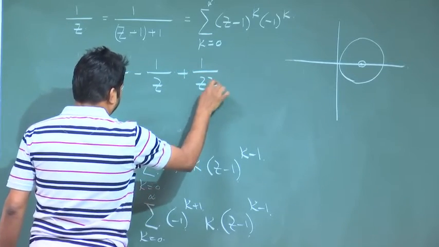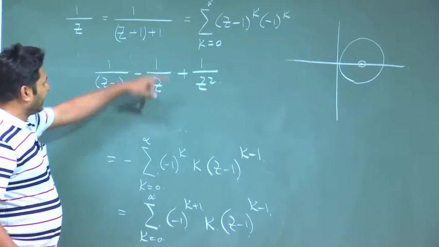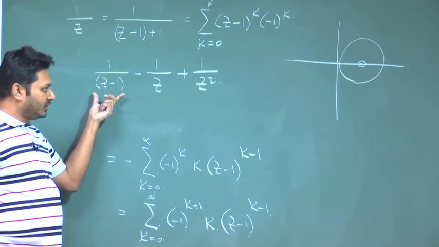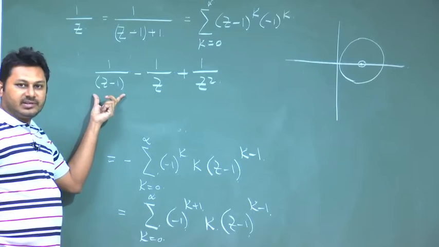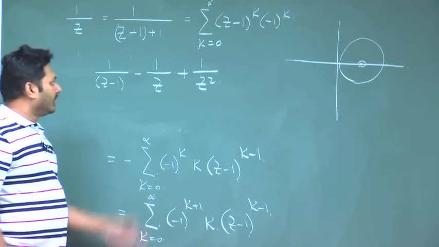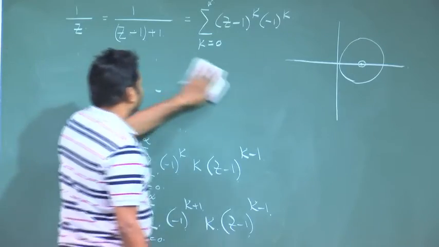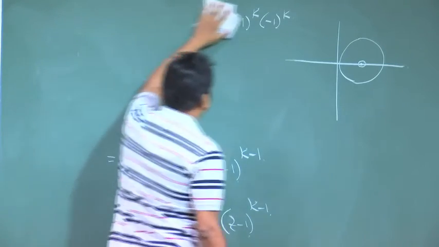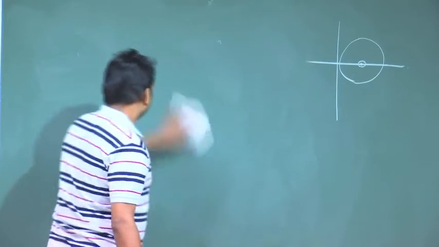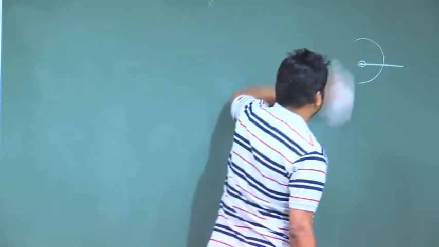So, 1 by z I have an expansion, 1 by z square I have an expansion, and 1 divided by z minus 1 I do not need to do anything with, so it will stay idle. So, I have the expansion of the entire function. This is the Laurent series expansion of a given function if the region is given to us.